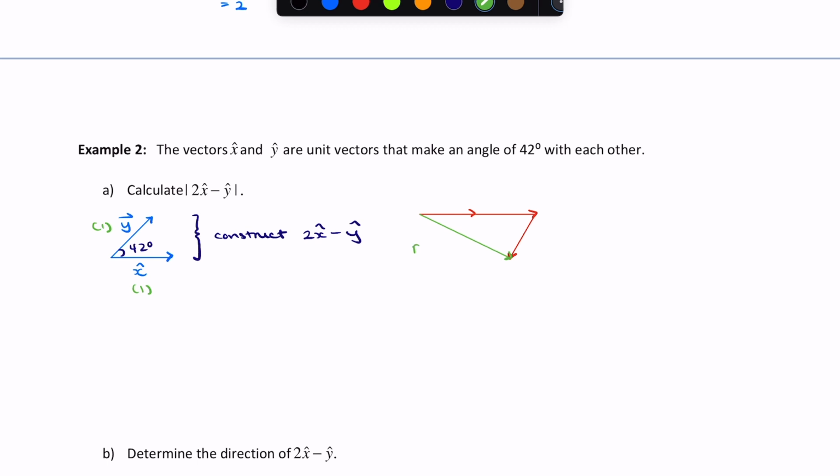The resultant vector is equal to 2 times vector x minus vector y. This is 2 times vector x, so that's 2 units, and vector y would still be 1 unit.